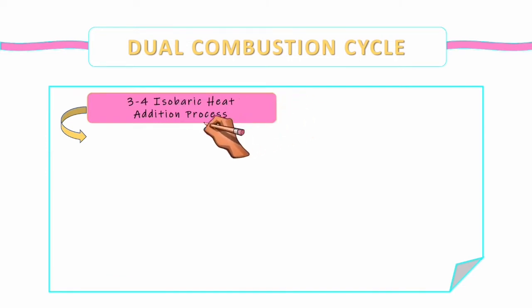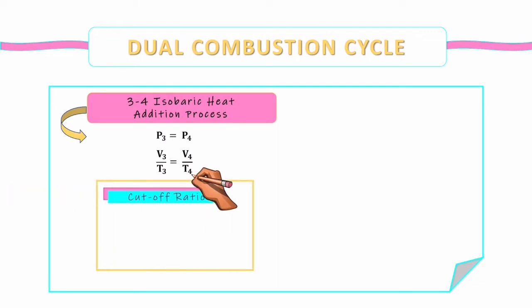Next is point 3 to 4, which is the isobaric heat addition process. In this process, the pressure is constant. So we can say that P3 is equal to P4, or V3 over T3 is equal to V4 over T4. In this process, we have a cutoff ratio.